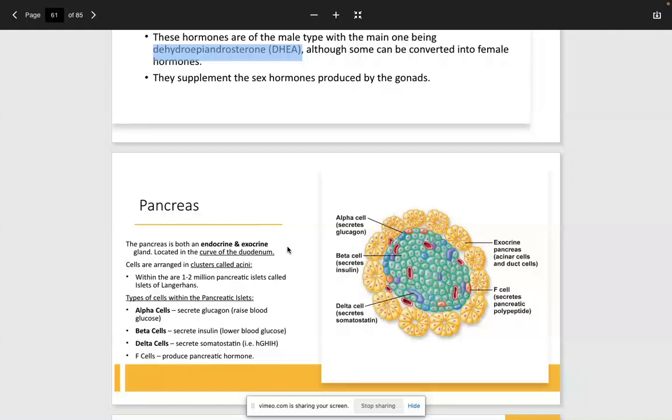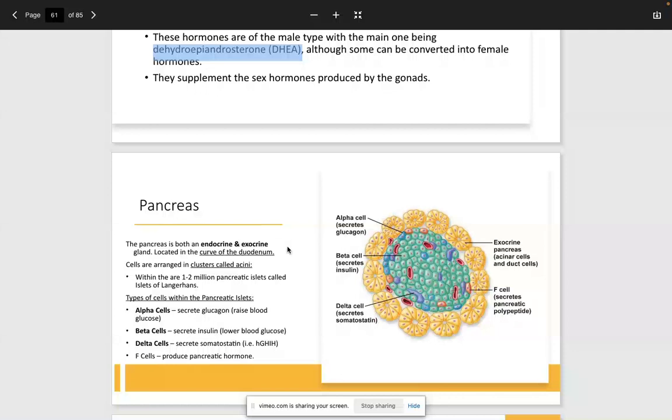So, which duct do you think the exocrine portion of the pancreas secretes through? It's exactly right, the pancreatic duct. And it's going to secrete digestive enzymes, such as amylase and bicarbonate and different things like that, that are responsible for digestion. So I just want you to know the pancreas has two different functions: an endocrine function and an exocrine function.